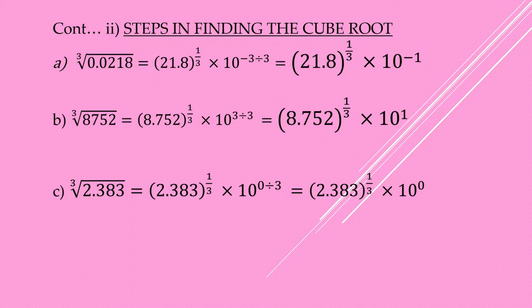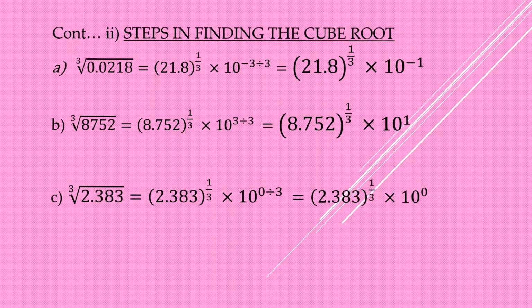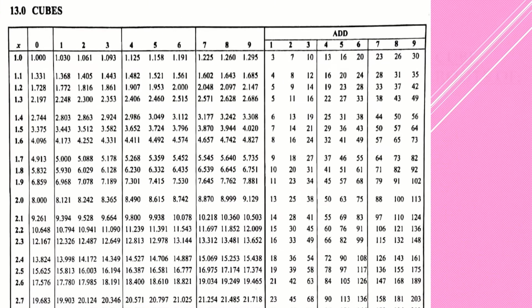Power a third and cube root are the same thing. We normally say that the nth root of a number is a fractional power, 1 over n. So let us use our mathematical tables and follow to see how we find the cube root of these numbers.